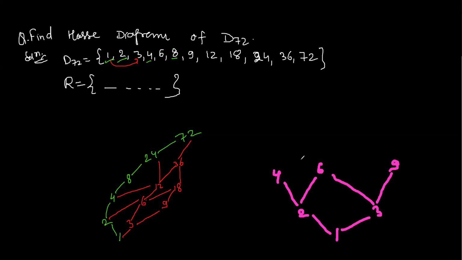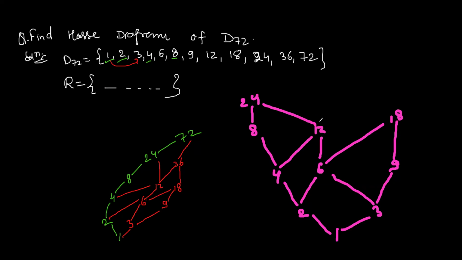Understood? 4 has 2 children, 8 and 12. 9 has only 1 child, 18. Understood? 8 has only 1 child, 24. 12 has 2 children, 24 and 36. And all these have only 1 child. Understood?